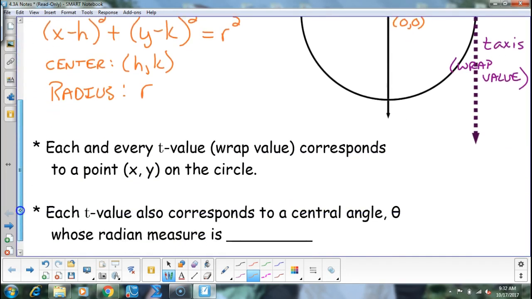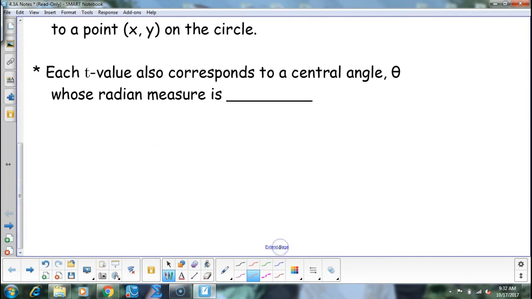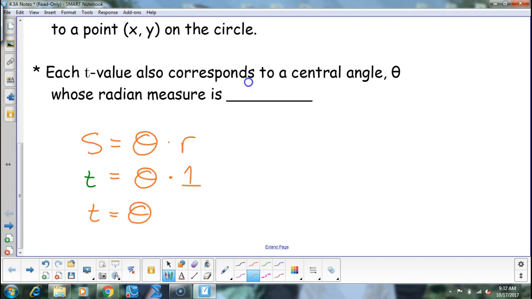If we remember back, the arc length is equal to theta times my radius. My arc length was t, theta, I don't know, and my radius is 1. So then t equals theta. So theta is t in radians.